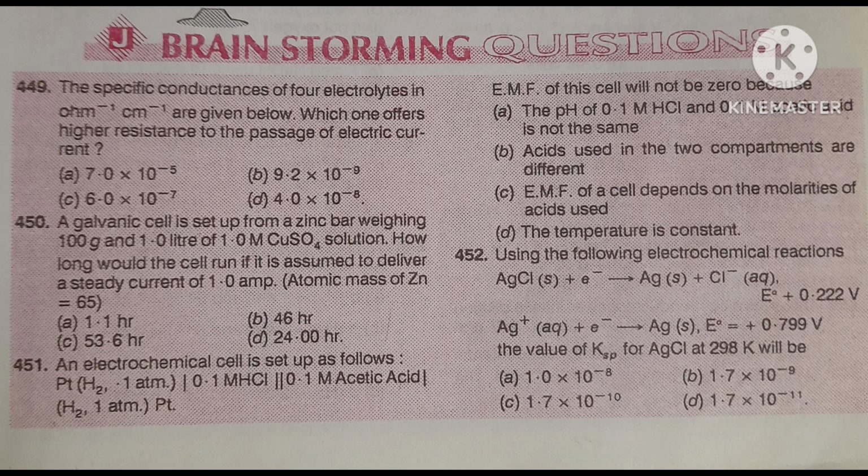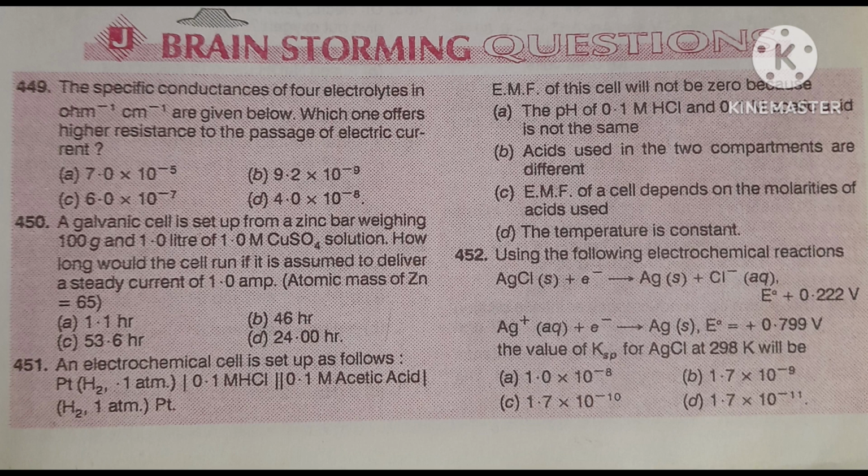Now I am giving you a hint. See, in the question what they are asking and what is given. The specific conductance of 4 electrolytes in per ohm per centimeter are given, means specific conductance values are given for 4 electrolytes.